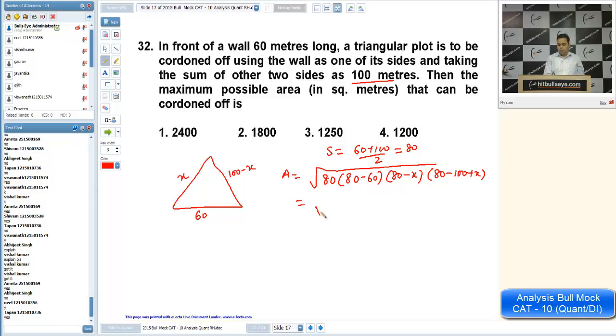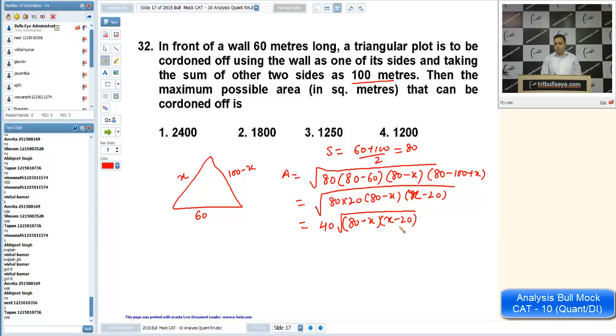So it is equal to 80 into 20 into (80 minus x) into (x minus 20), or it is equal to 40 under root (80 minus x) into (x minus 20).